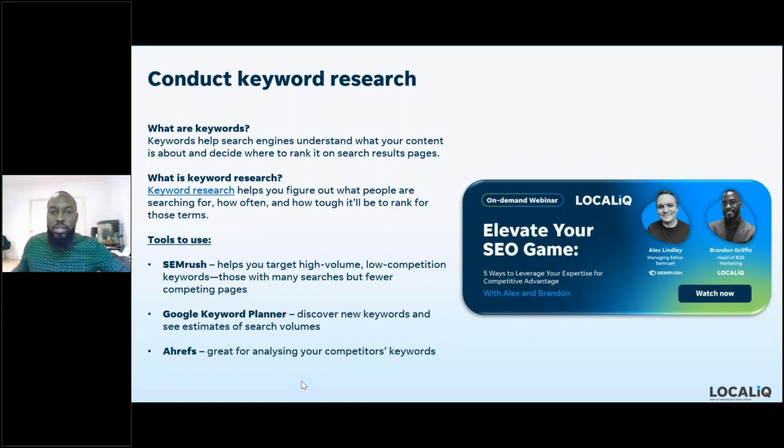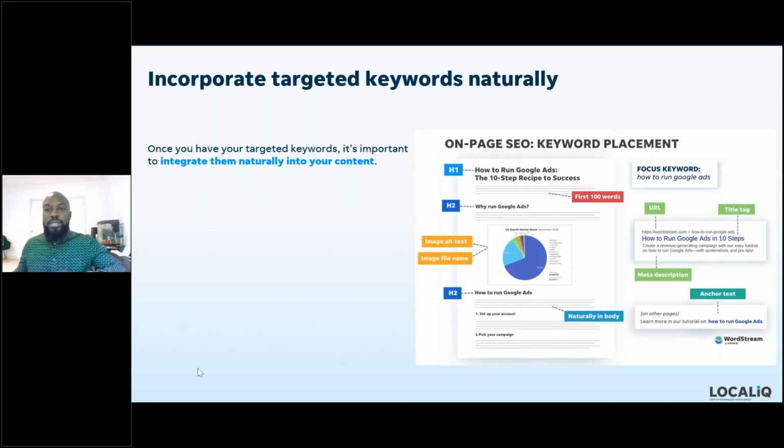Now, once you have targeted keywords, it's important next to integrate them naturally into your content. This means including them in key areas such as titles, headings, and the body of your text.